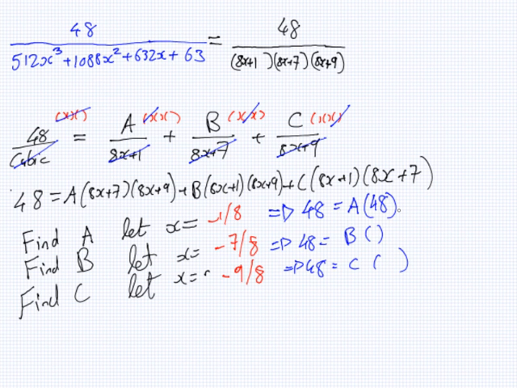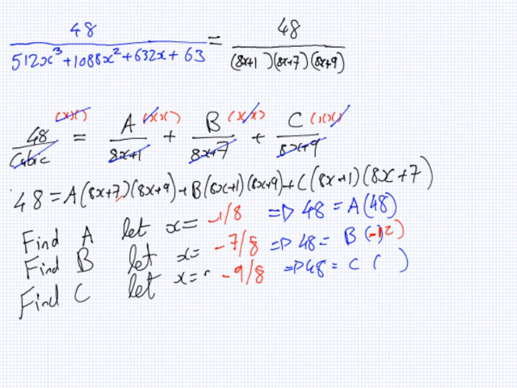Okay, now let's find the B, which is not 0, by the way. So if I put in minus 7 over 8 in here, this will go, and I'll be left with 8 times minus 7 over 8 plus 9. So I'll get minus 12 here for this one.